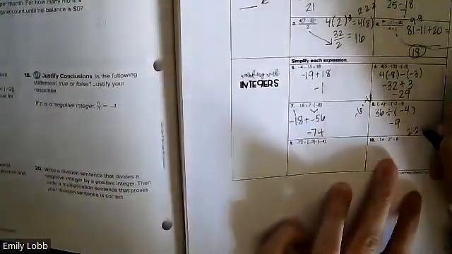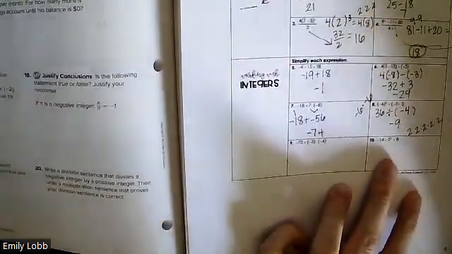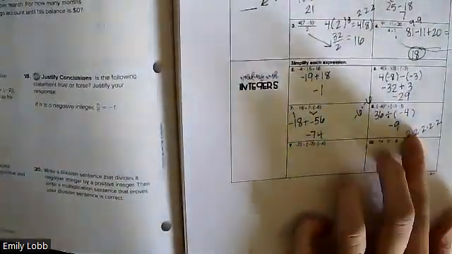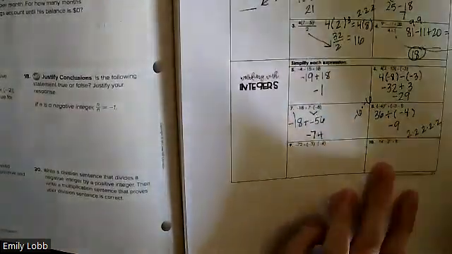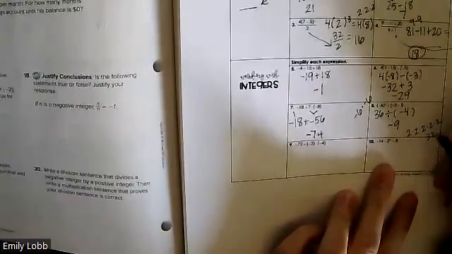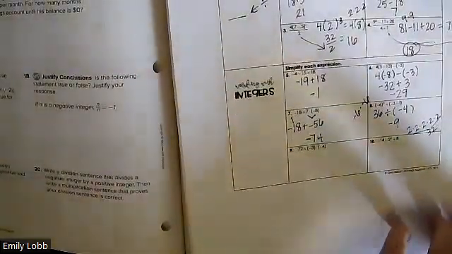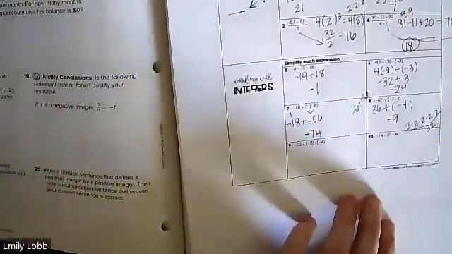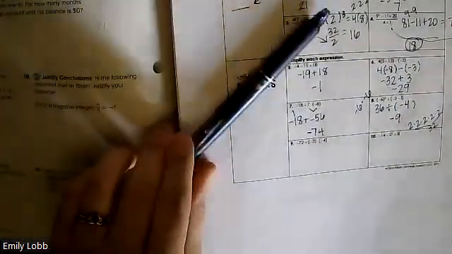Remember, that's 2 times 2 times 2 times 2 times 2. Sixteen times 2 is 32. So knowing that, I want you to try 9 and 10. We'll go over them in just a minute.